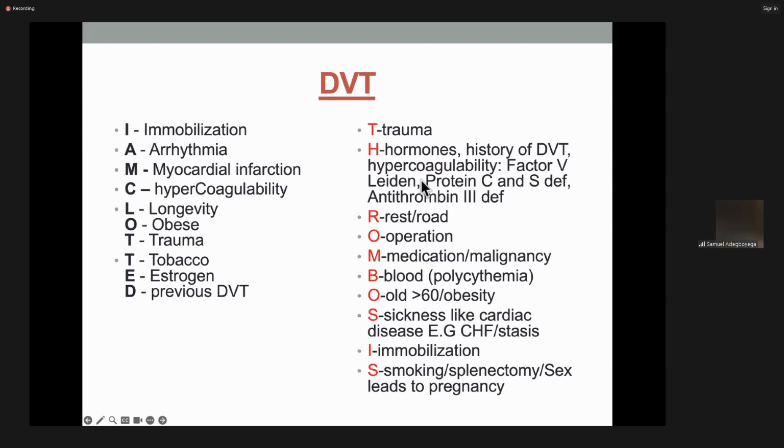When factor V Leiden is positive, your sensitivity is very high. Protein C and S: you need protein C and S for the activation and proper functioning of your heparin. So protein C and S deficiency will give you DVT. Antithrombin III deficiency, not antithrombin II, not antithrombin I, antithrombin III deficiency will also cause DVT. So you have to know your thrombosis very well.